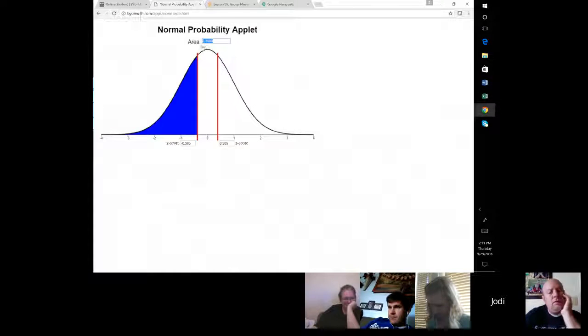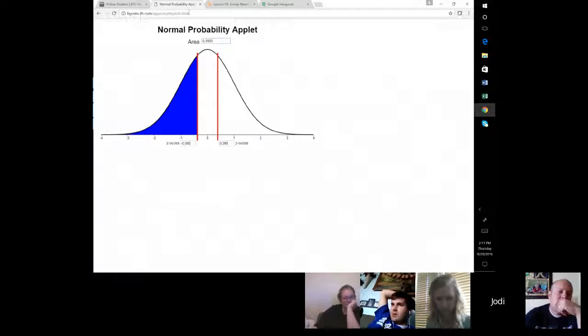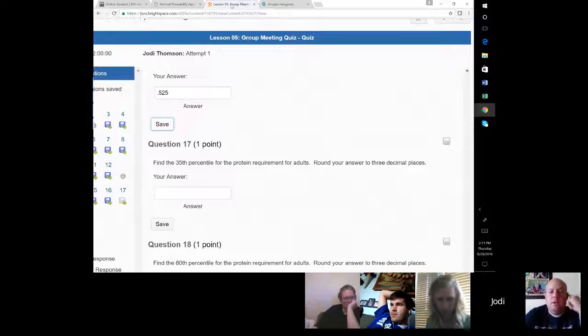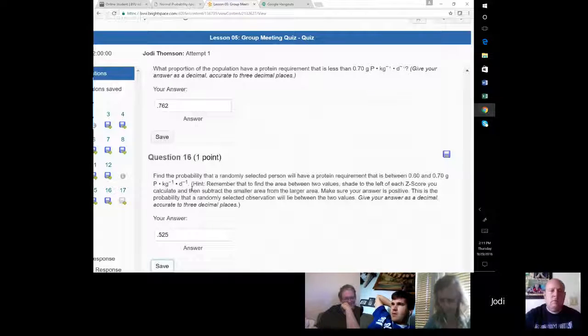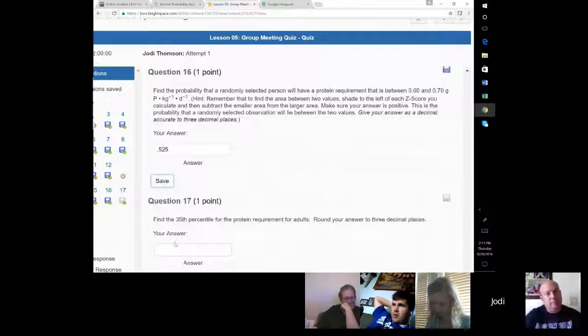So if we want the 35th percentile, it would be this, when we put the area up here, right? Yeah. So this would make our z-score then. But we have to take that z-score and solve for what the actual answer is, right?